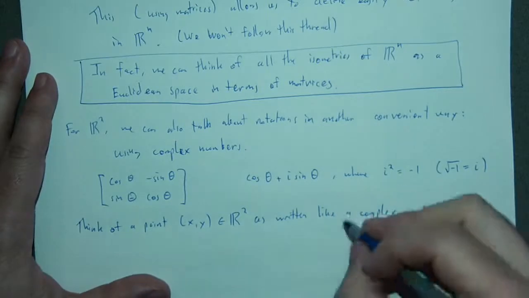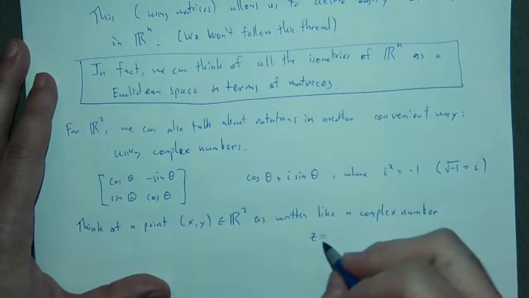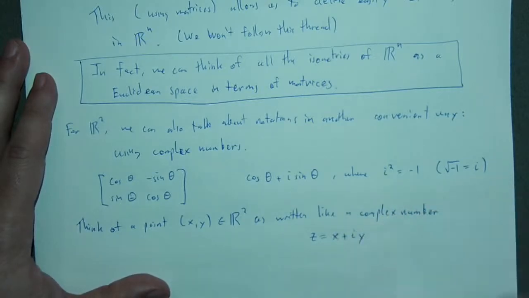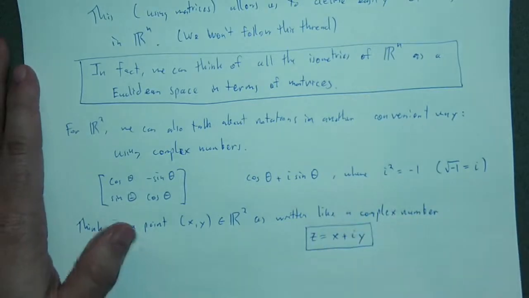So if my coordinates are x, y, the complex number in question is the complex number z that is x plus I y. Right? So x and y are real numbers. I is this imaginary unit. And this is how I'm going to write my point.